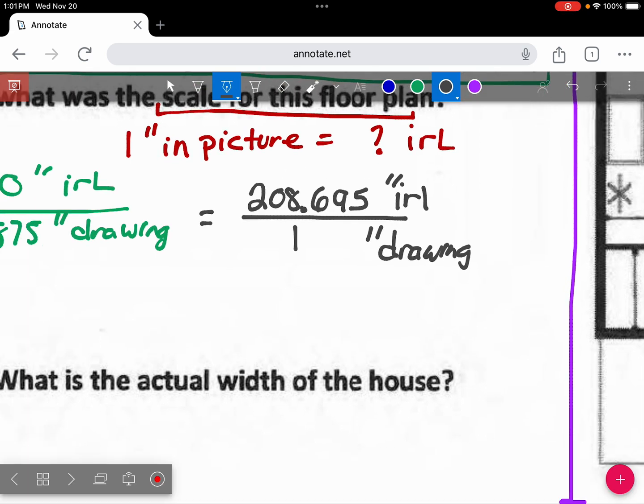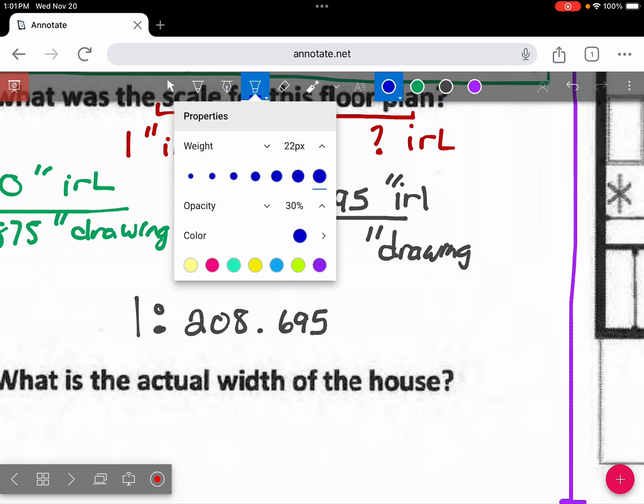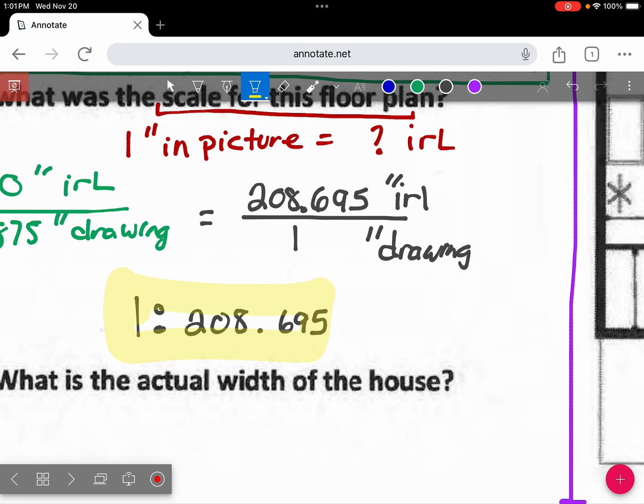The way we write that as a scale, with the little colon, is just without words. So it's our 1 inch of drawing goes to 208.695. That's how we write the scale. That's our official scale.